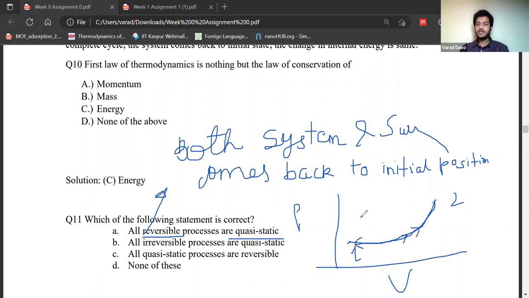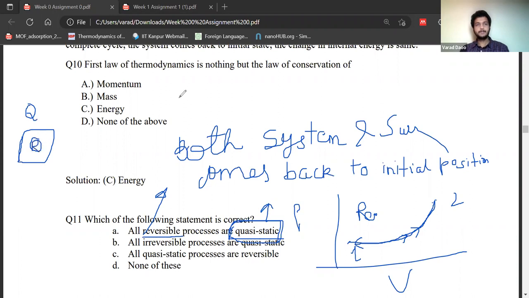So such processes are called reversible processes. And what are quasi-static processes? Quasi-static processes are infinitesimally small processes, right?